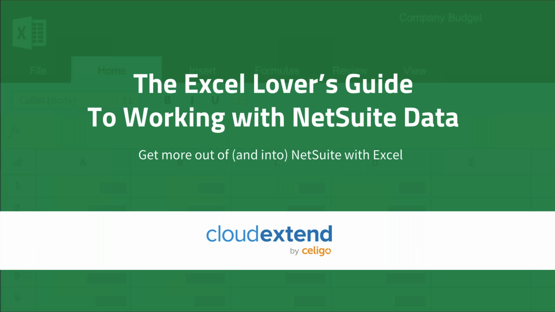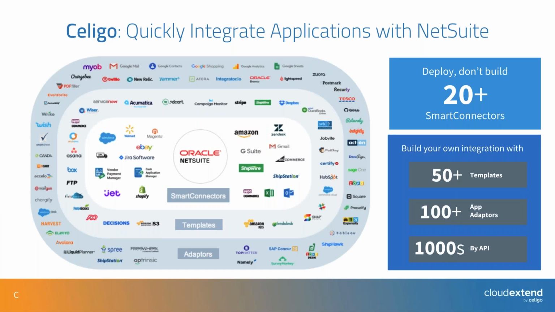And for most of you who are inside of the NetSuite ecosystem, I would guess that you are already familiar, at least in name, with Celigo. So Celigo, for those who aren't familiar, is an integration platform so that you can quickly connect applications to NetSuite and beyond. We have the premier smart connectors.